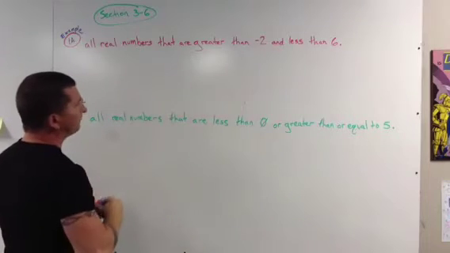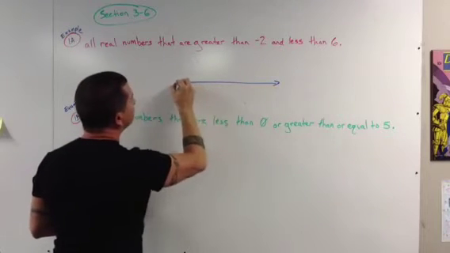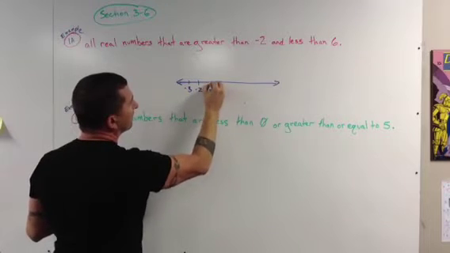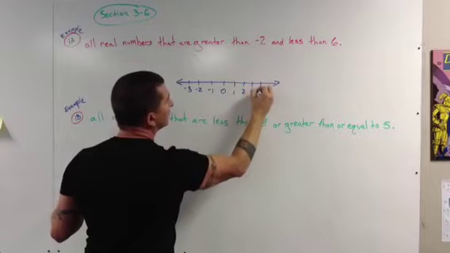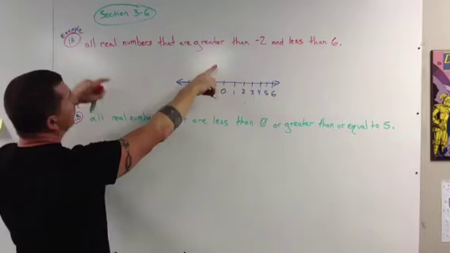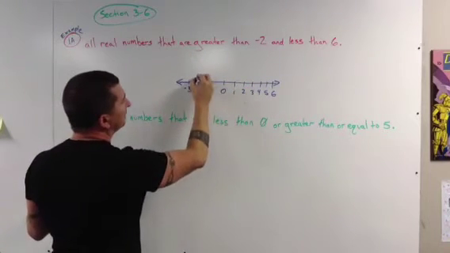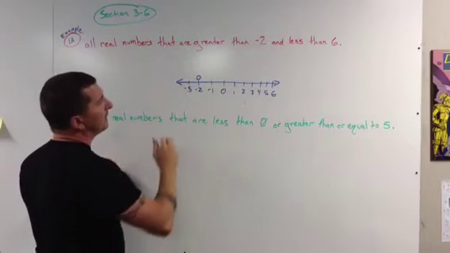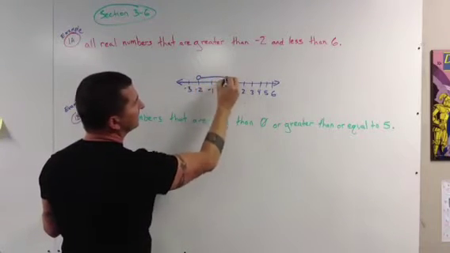If we draw our number line out like this, we're starting at -2. We're looking at all real numbers greater than -2. Since it's greater than -2, I'm going to put an open circle at -2. It's not equal to -2, they're greater, so my line's going to go to the right.